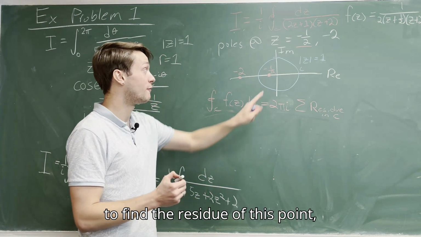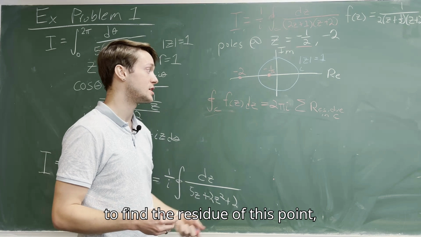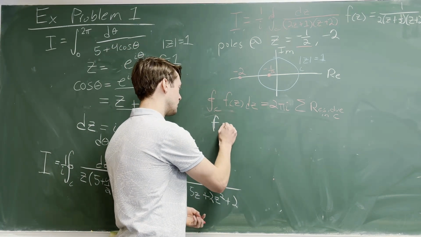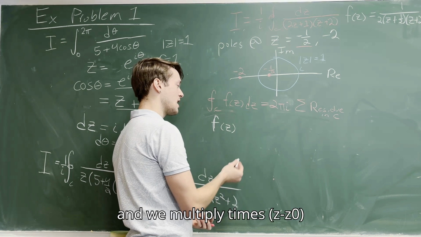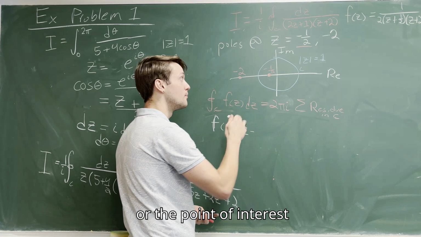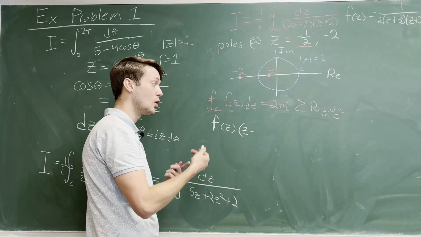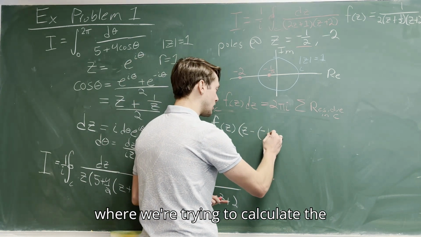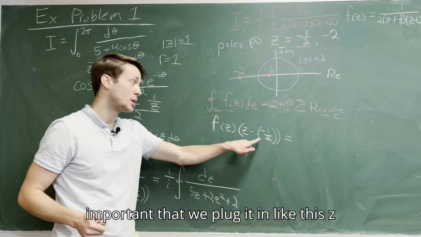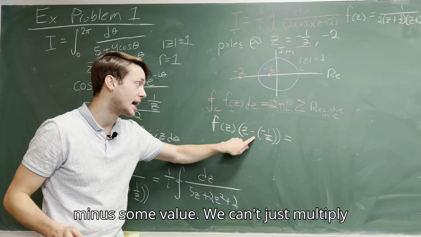So to find the residue at this point, we take f of z and multiply by z minus z naught, the point of interest where we're trying to calculate the residue. It's important that we plug it in like this, z minus some value.